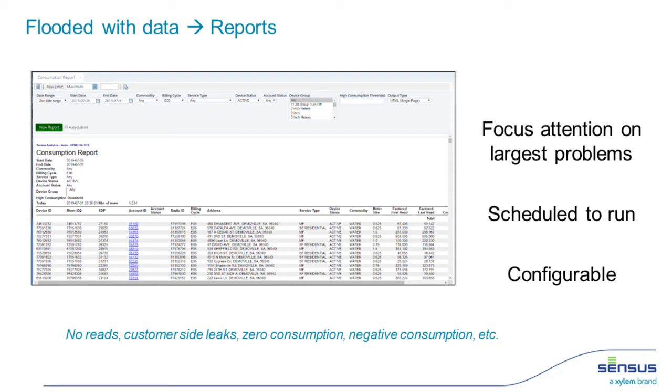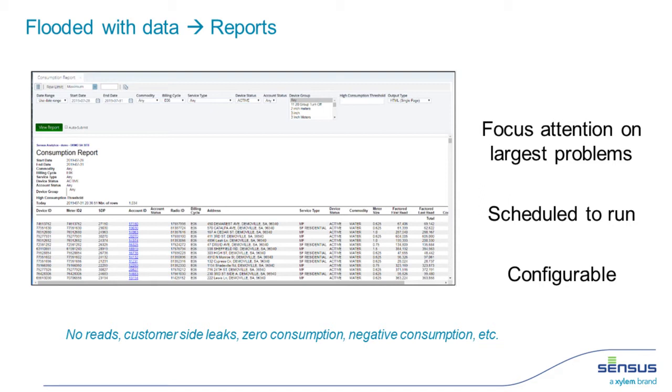And then reports. This is another way. Where the device groups help us focus on a particular type of customer or particular type of meter, reports take the opposite approach. They are more focused on certain types of behavior. For example, customer side leak is one type of report where you define some level of consumption for some number of hours in a row.